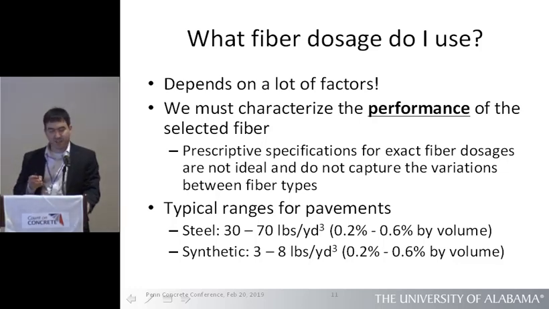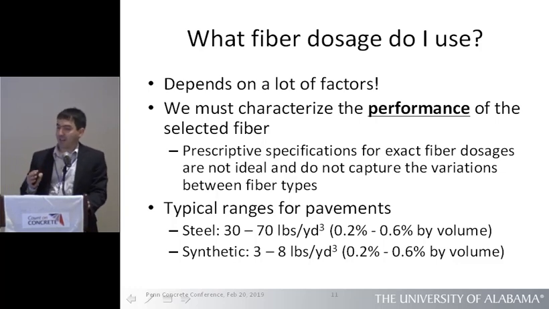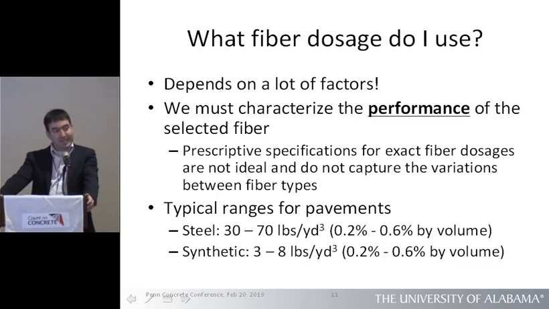And not to pick on Rhode Island, but they have one of the most interesting specs in that you must have 50 million individual fibers per cubic yard of concrete. That's actually in their spec book. It says 50 million individual fibers. Not sure exactly how they came up with that and who's sitting there counting the number of fibers, but it's an interesting way to specify the dosage.